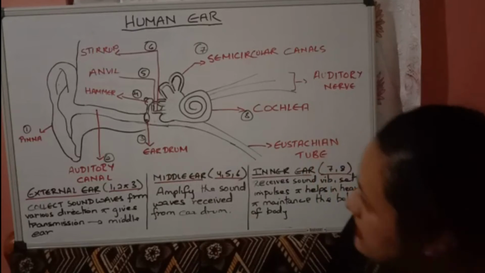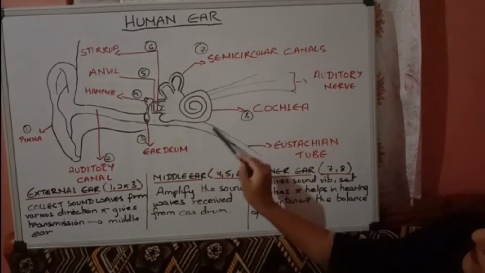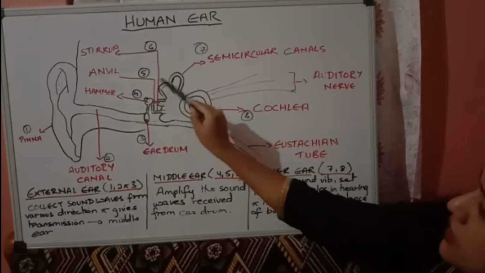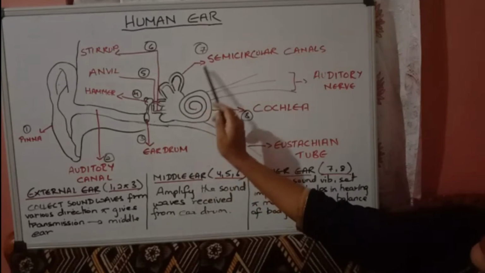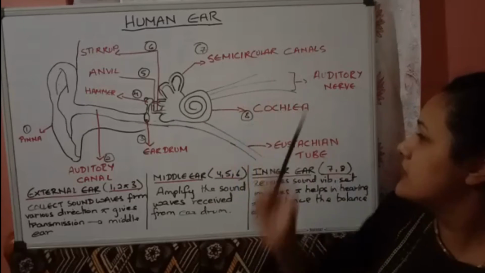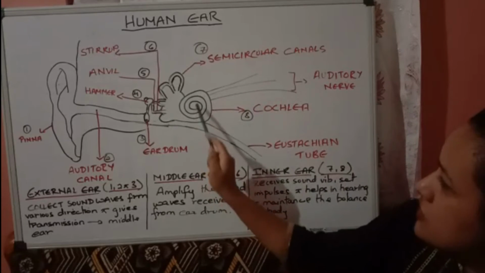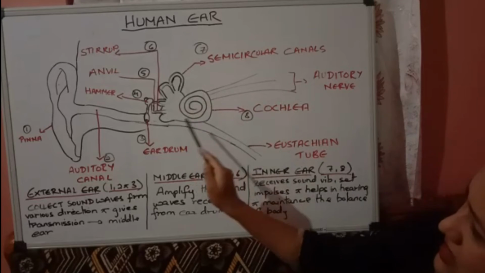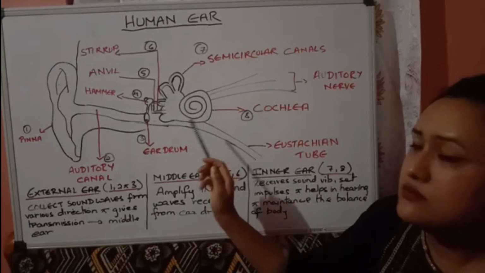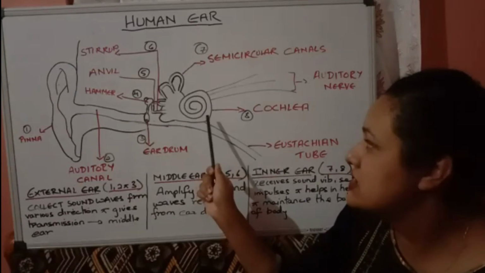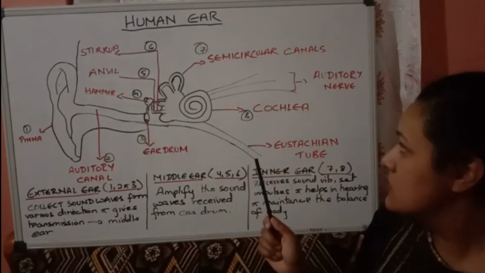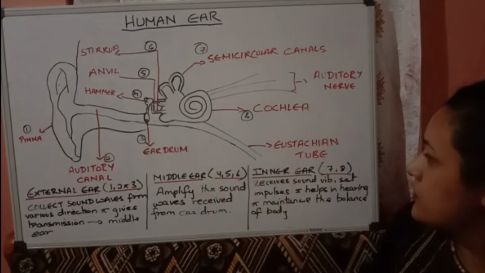Then you can see this spring-like structure. These are the semicircular canals. And this round shell-like structure, like a snail, is known as the cochlea.